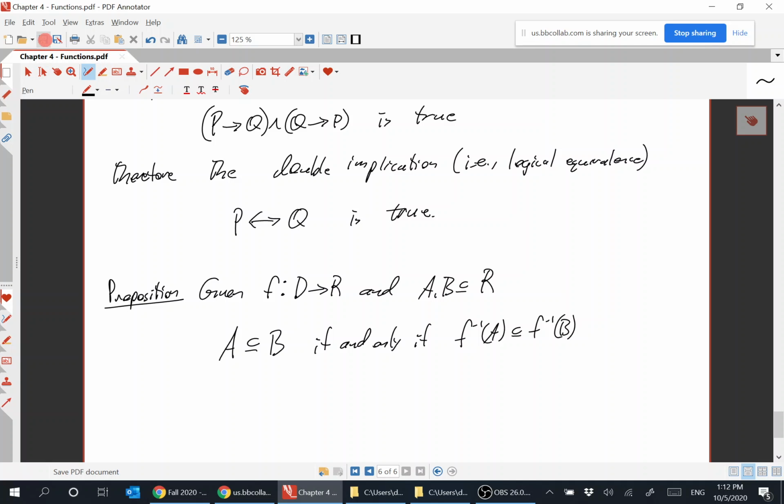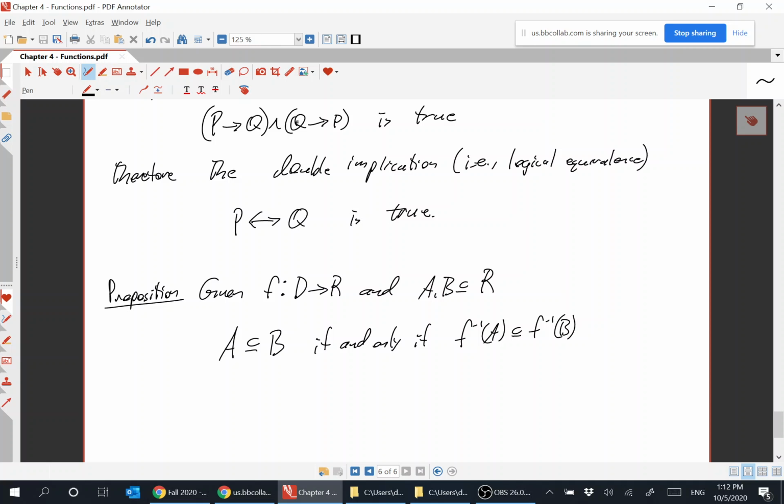Okay? So within every statement that says if and only if, there's actually two statements being said. When you say P if and only if Q, normally what you mean is that P implies Q and Q implies P. One implies the other, or they're logically equivalent to each other.